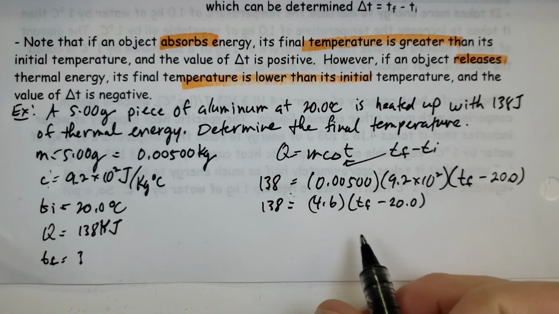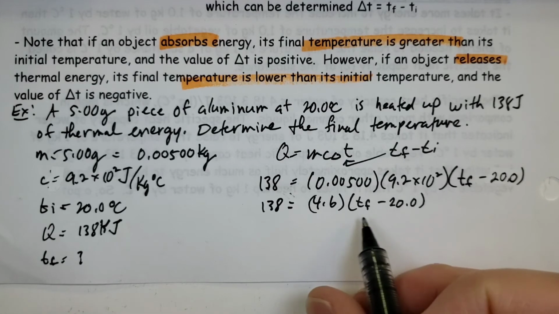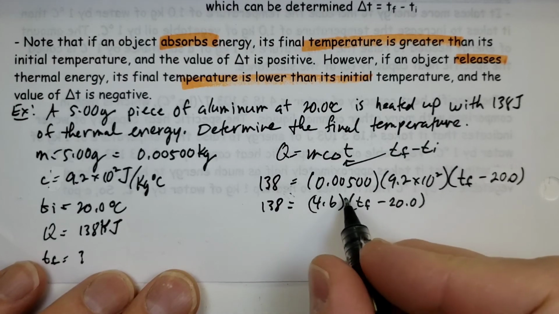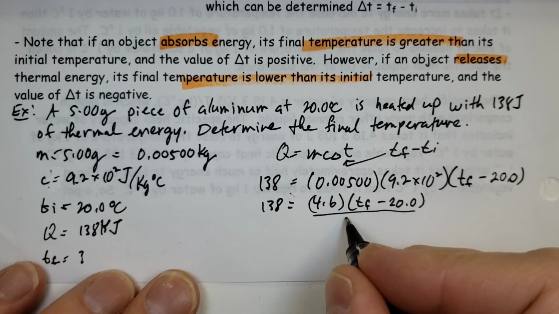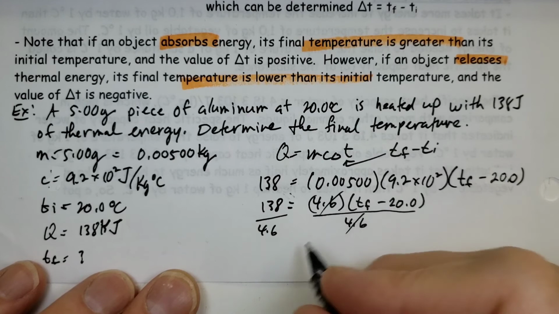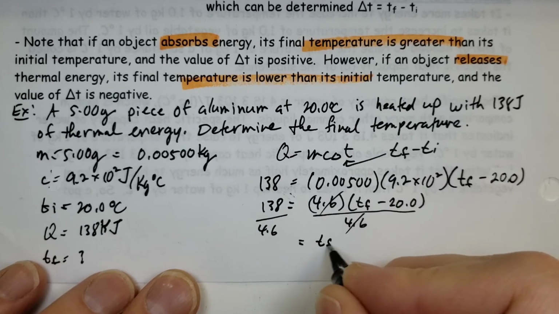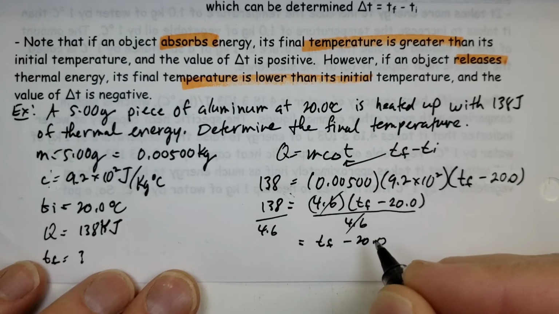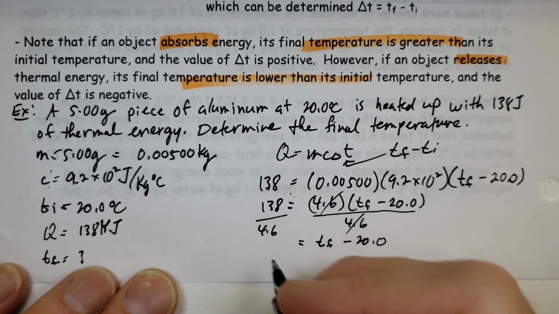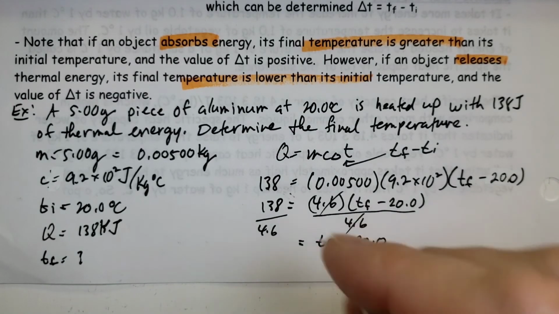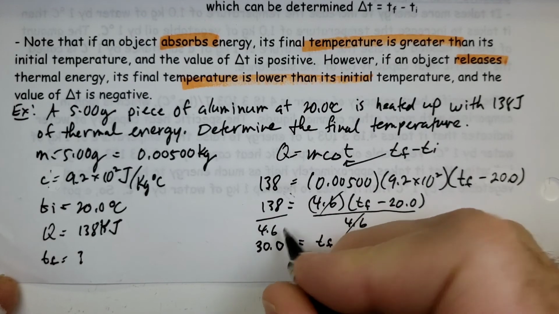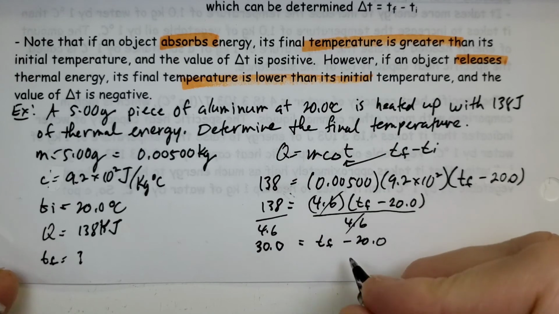Now I want to isolate Tf, but before I can do that, I need to isolate Tf minus 20 first of all. So it's multiplied by 4.6, so divided by 4.6. And I get 138 divided by 4.6 is 30.